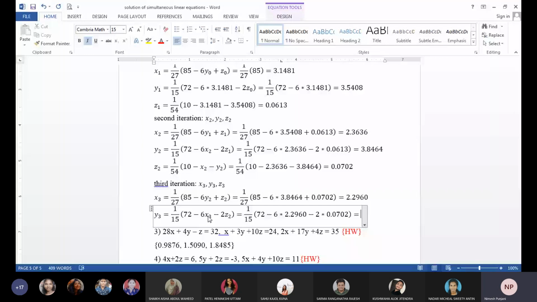So y3 will be 1 upon 15, 72 minus 6x3 minus 2z2. So we substitute the values and we will see what we will get. 72 minus 6 into 2.2. Frankly speaking, I am also using a calculator.